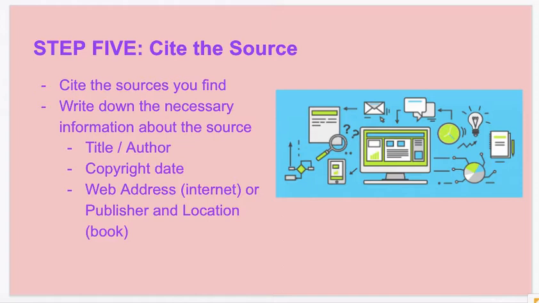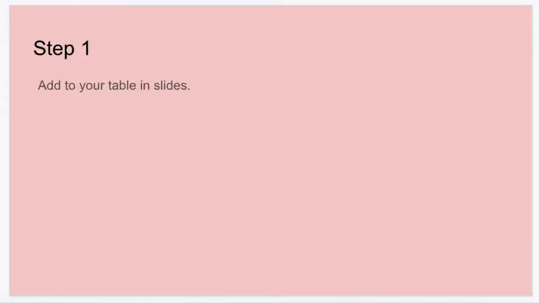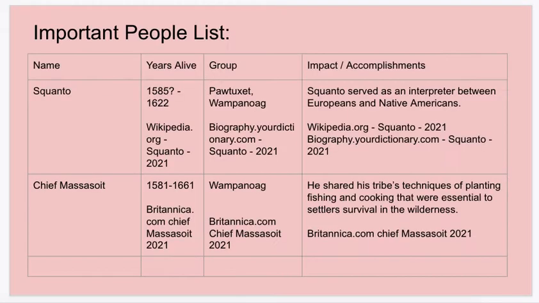So here's your job for today. I'm going to lead you through step 1 right now because it's a little tricky. Our important people list is just going to keep growing. So in order to have enough room to add all of the important people, we are going to add to your table in Slides. So when you open up your Slides app, you should have a table that looks like this.